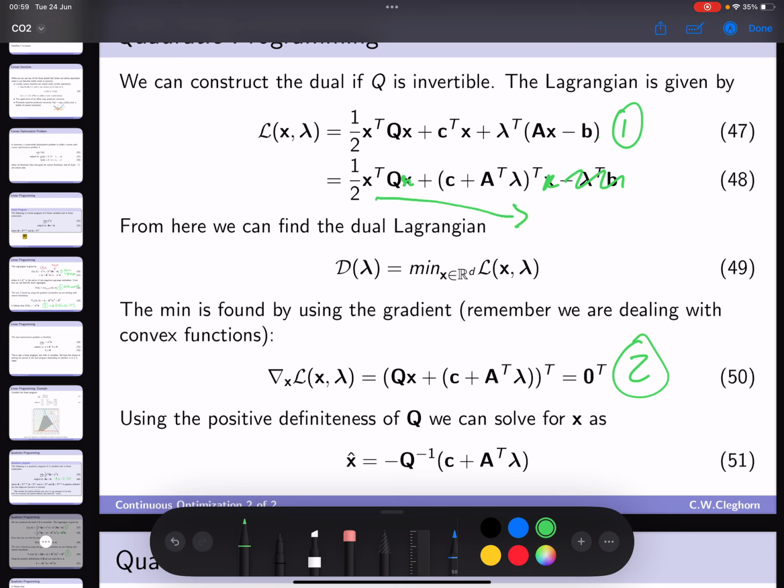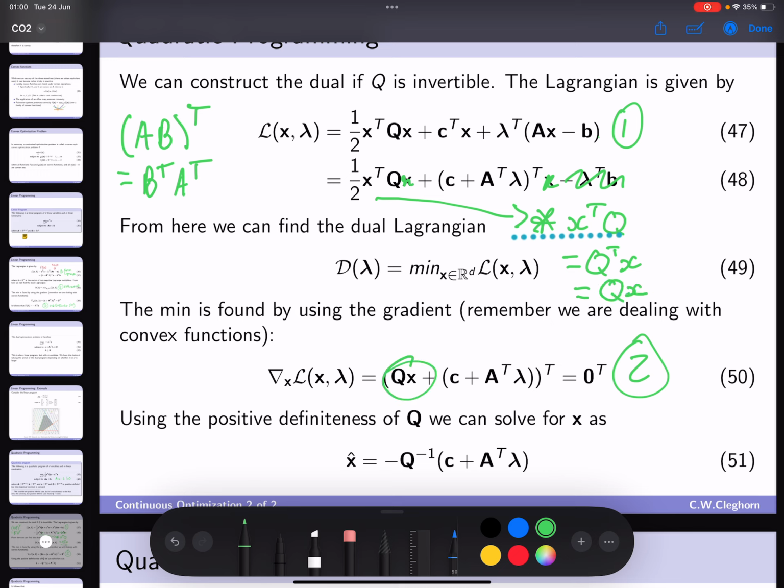One thing to mention that we're doing here is we're also taking this term and using the property that (AB) transposed is equal to B transposed A transposed. And that's what we're doing over here. We're saying that x transposed Q is equal to Q transposed x. But Q was, again, an invertible matrix. We know that it can be written as a symmetric matrix, and so we have Qx out there, and we've instead just taken our transpose out and grouped it out the front there.